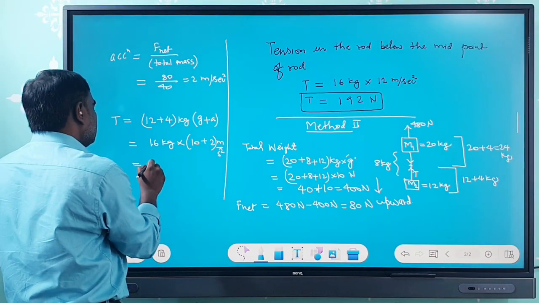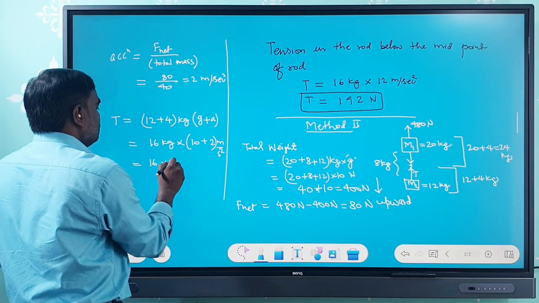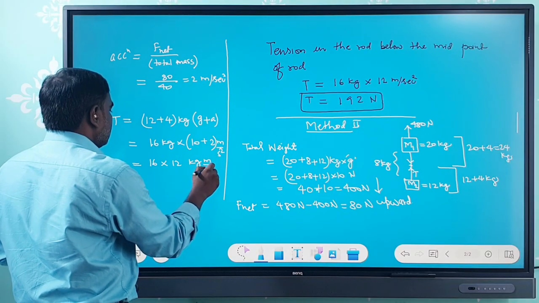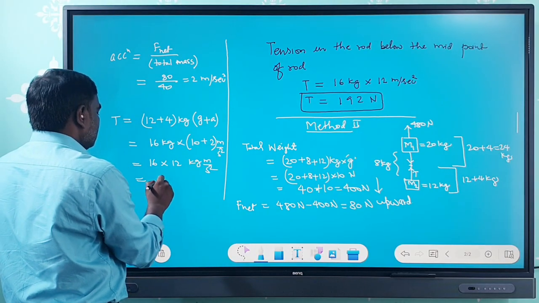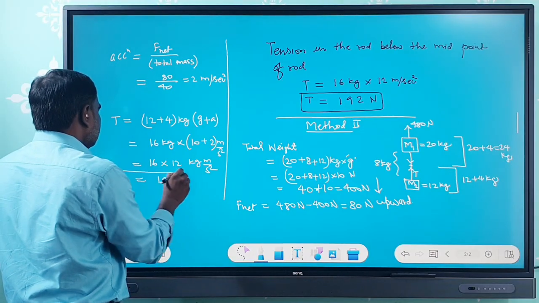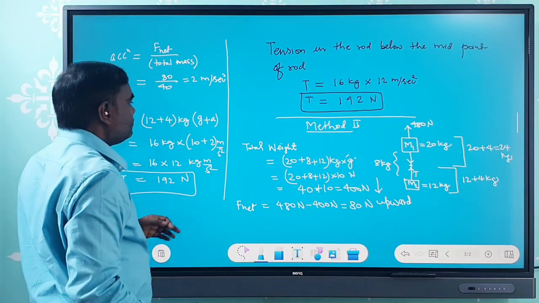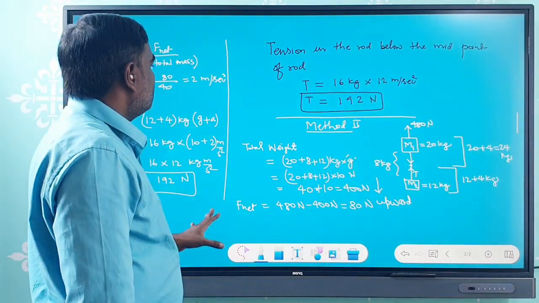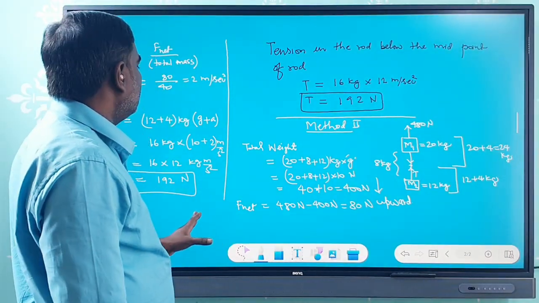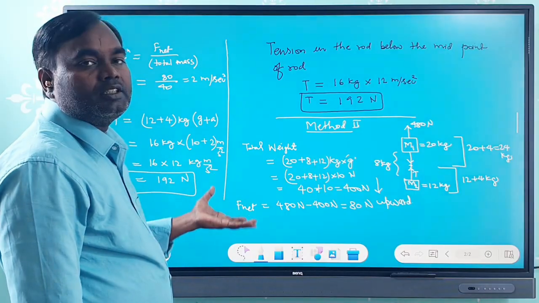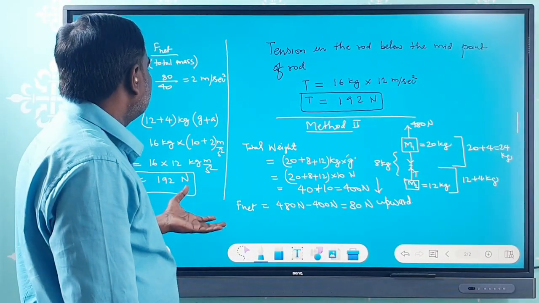That is 16 into 12, which equals 192 Newton. So this is the tension in the rod below the midpoint. This is the second approach, assuming that the system is under the gravity of the earth.